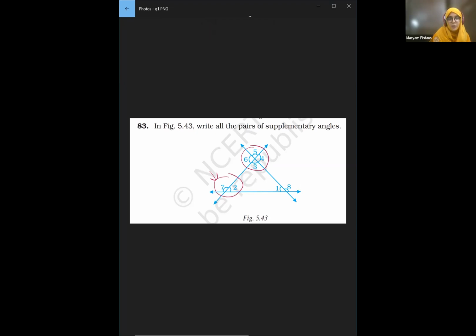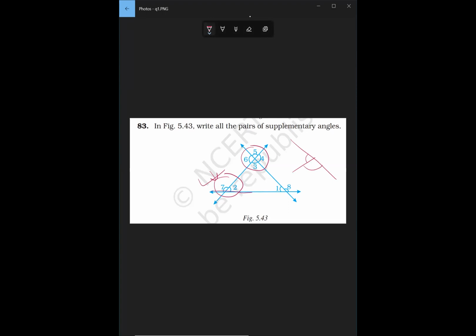You said 7 and 2 because they are lying on a straight line. Similarly, over here, any two angles that are adjacent to each other and lying on a straight line. Over here also they were adjacent. 5 and 3 are opposite, right? Name some angle which is like this and this. Can you see any angles like that?